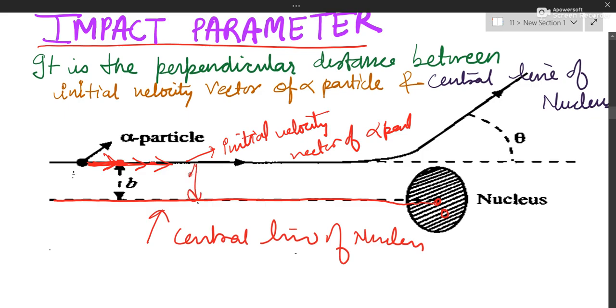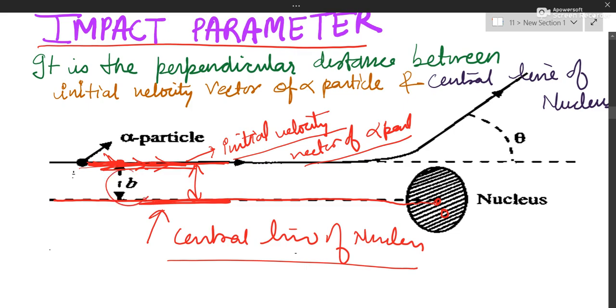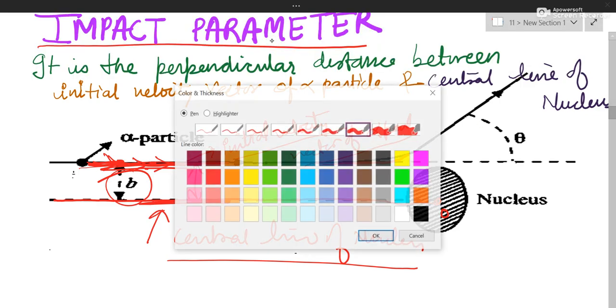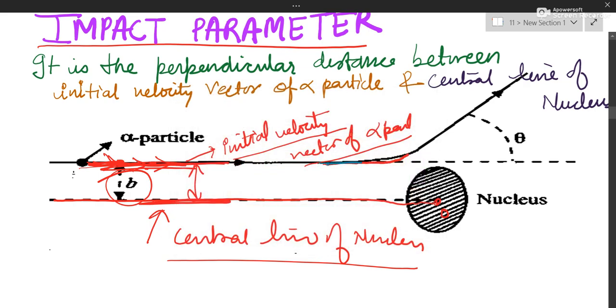Whatever is the perpendicular distance between the initial velocity vector of the alpha particle and the central line of the nucleus is called impact parameter, denoted by b. This is an important diagram in which we are showing the impact parameter. Here the alpha particle is going like this.